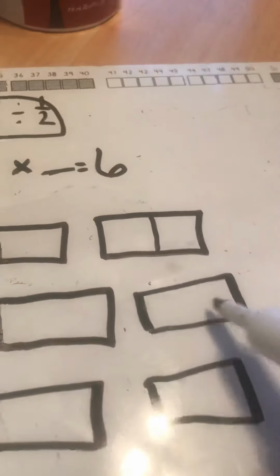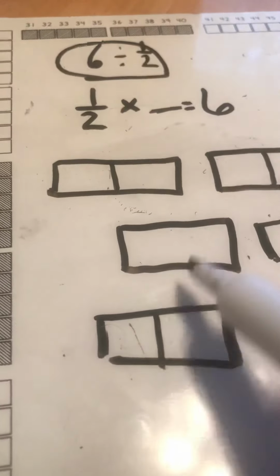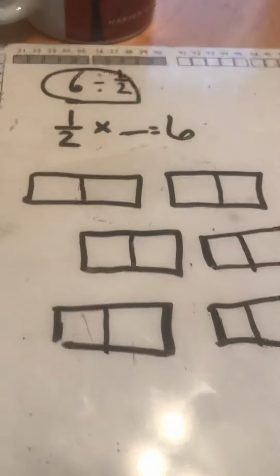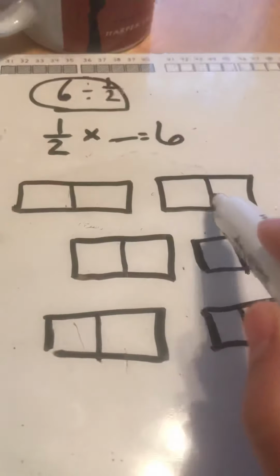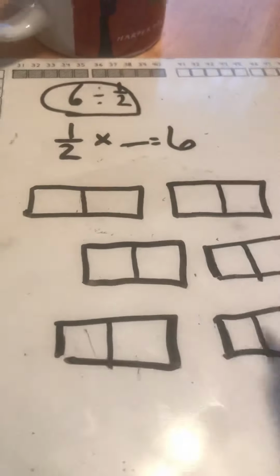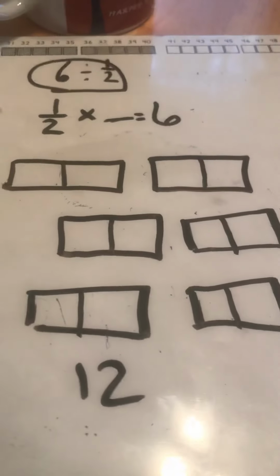You know that Picasso Eckridge here is not the best at drawing, but we all try our best. I tell that to my daughter all the time: just try your best. So there's 2 here, 2 here, 2, 2, 2, 2. So 2, 4, 6, 8, 10, 12. So our answer must be 12.